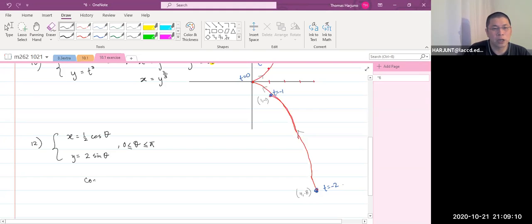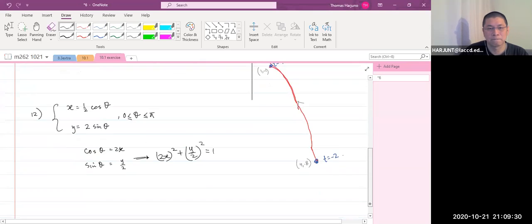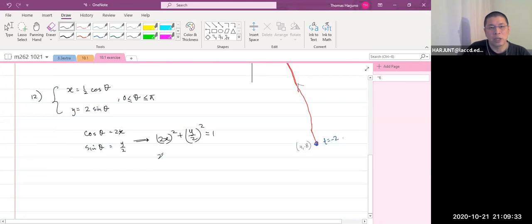So you see cosine theta equals 2x, sine theta equals y over 2. So (2x) squared plus (y over 2) squared equals 1. This is x squared over 1/4 plus y squared over 4 equals 1. That is an ellipse.